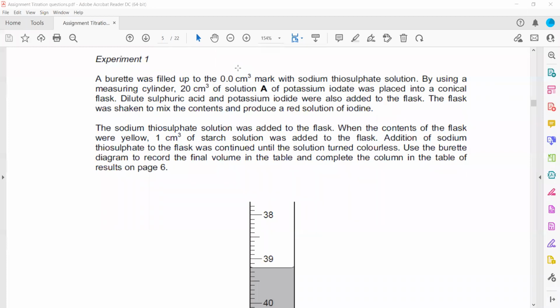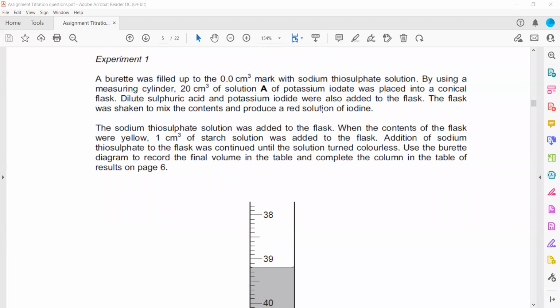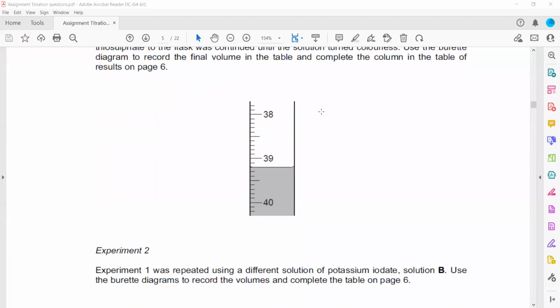Then we use a solution A of potassium iodide, and add sulfuric acid and potassium iodide, so it will form iodine molecules. The thiosulfate solution was added to the flask. When the contents of the flask get yellow or lighter, the starch is added and it will make it blue-black. And we continue to add until the starch, which is used as an indicator, becomes colorless.